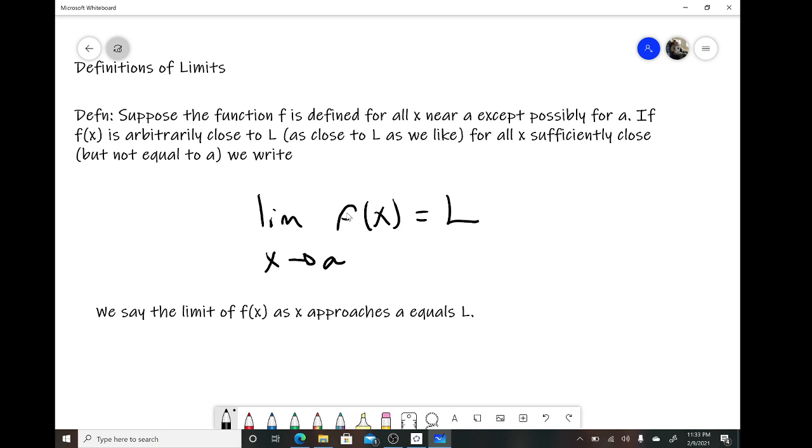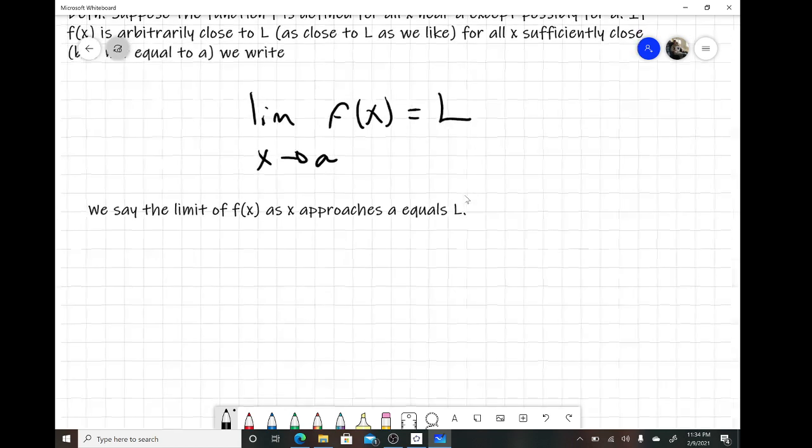F is your function. So basically what this is saying is that as you travel along that function and you get closer and closer to this value a, you will get some output value L, and that's what we call the limit.